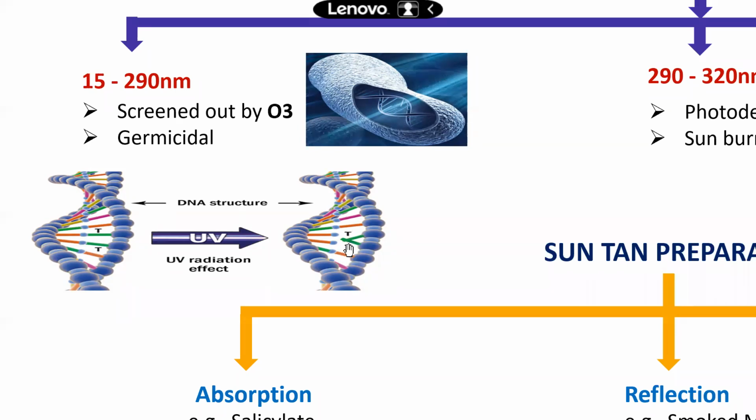Among the pyrimidine bases, the one that responds fastest is thymine. That's why most standard textbooks say the mechanism of UV sterilization is the formation of thymine dimers.